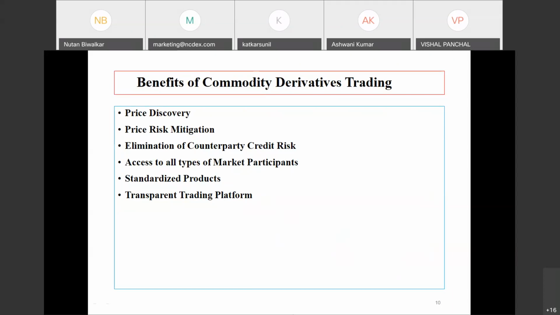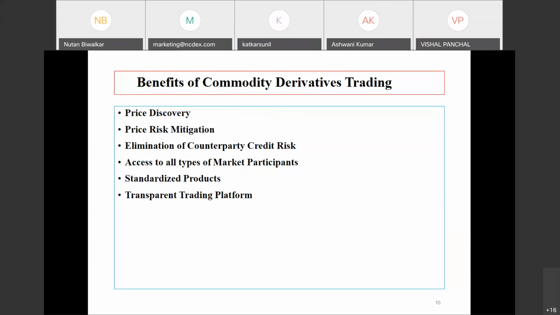So this dynamic market, by virtue of these features, allows the discovery of a price in such a way that it reflects the real market condition, the real situation.